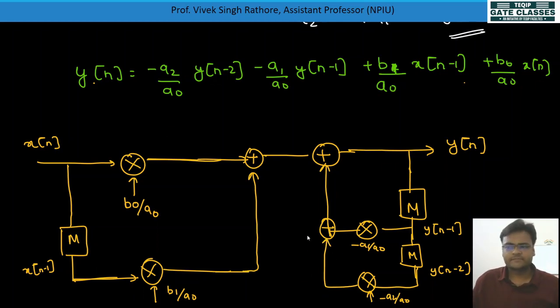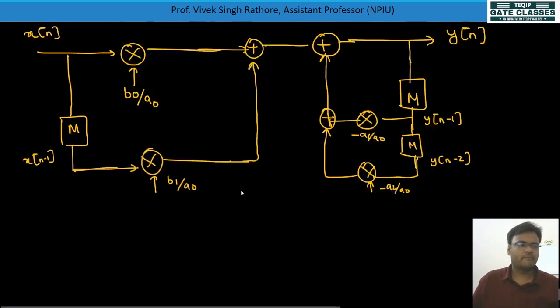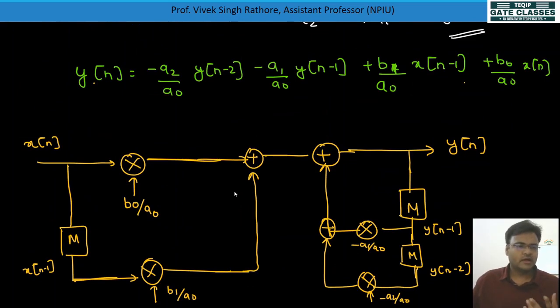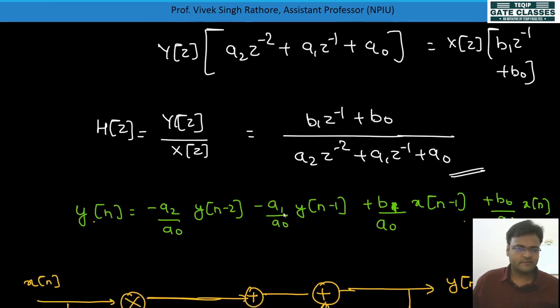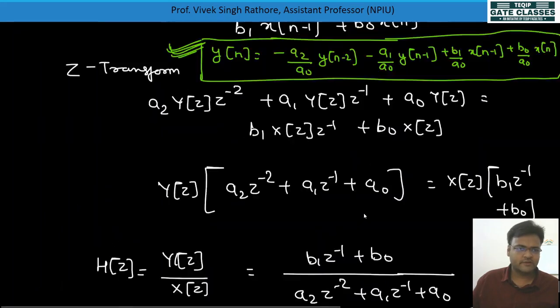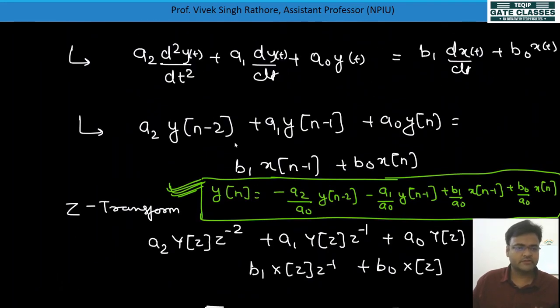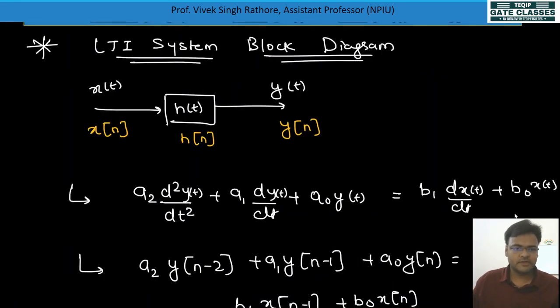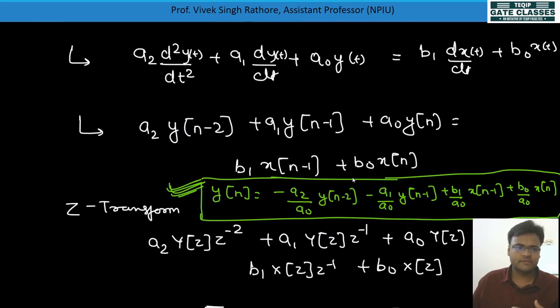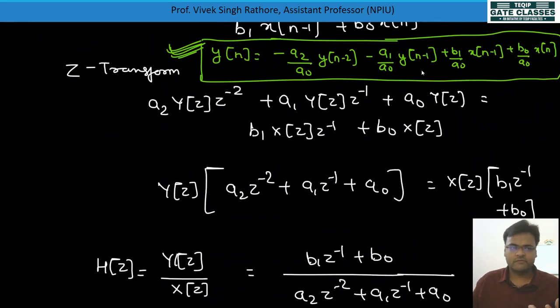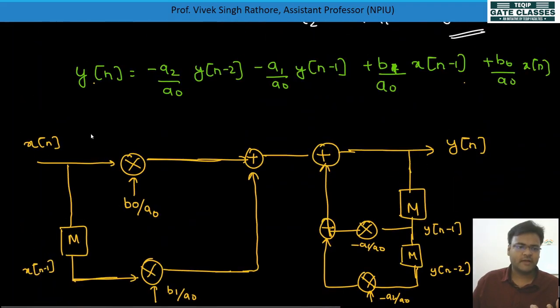So see, this is the block diagram which is formed from this equation. How did this equation come from the difference equation, and the difference equation from the differential equation? It came from a physical system. So a physical system can be realized as a differential equation, then a difference equation, then an equation of y of n, which can be realized by this block diagram.